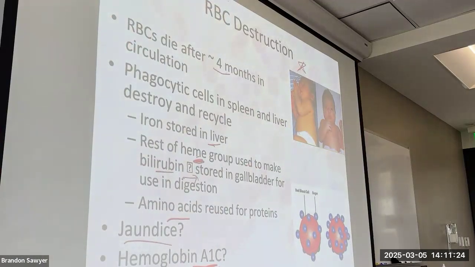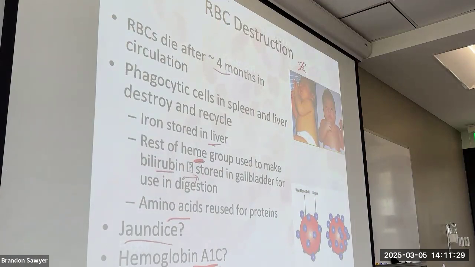How much glucose is stuck to your hemoglobin. That number can be converted into a blood sugar number, and that's one of the diagnostic criteria for diabetes. And so it pretty much ends up giving us a 3-month average of our blood sugar.